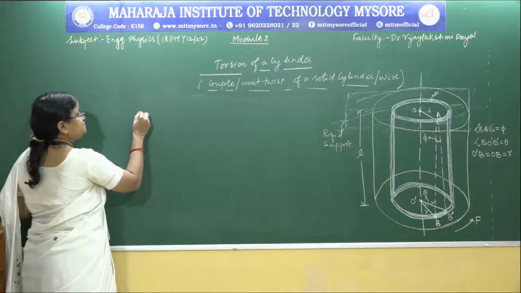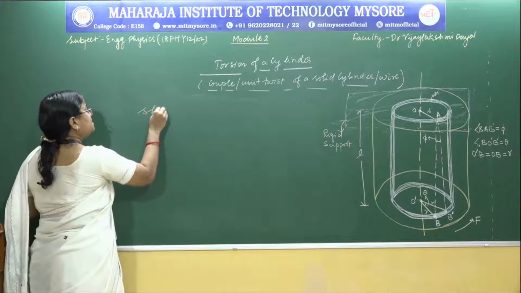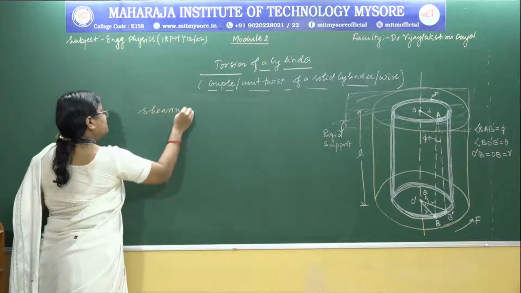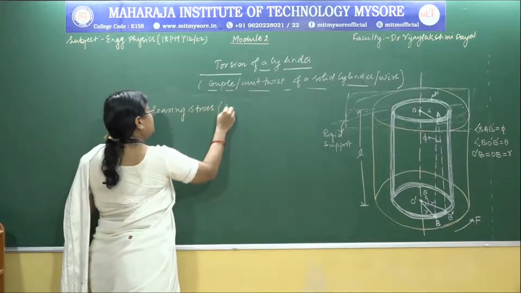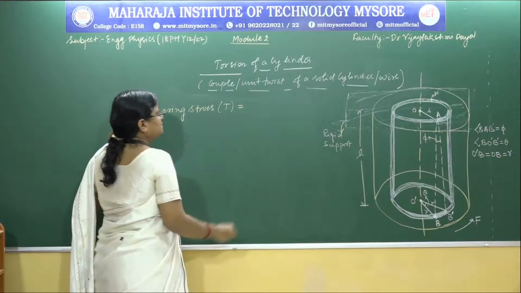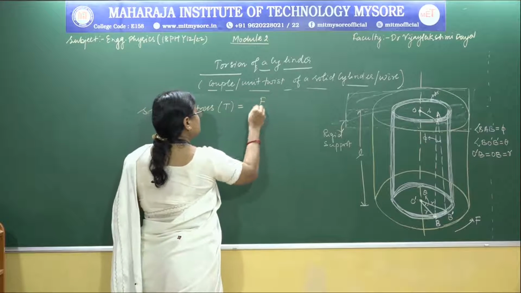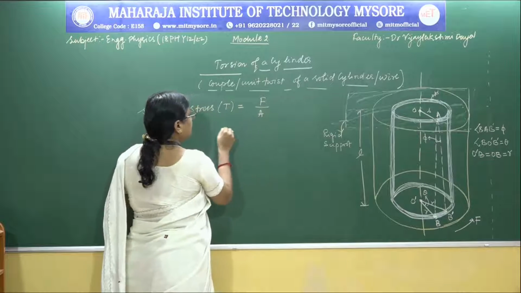As per the definition, the shearing stress, if we consider it equal to T, is equal to force per unit area.